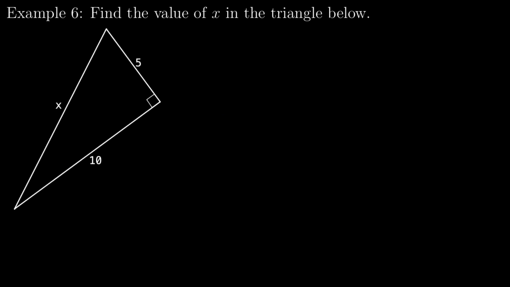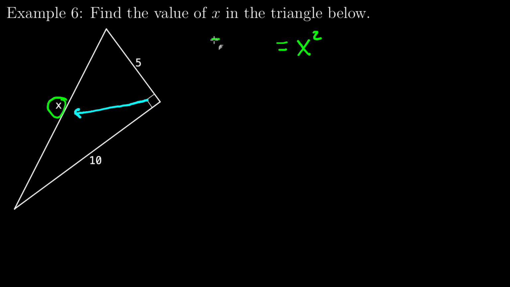And our last example, same setup, solve for x in the triangle below. Find the right angle, go across from that right angle, and that tells me that c is going to be x, so I'll have x squared on the right-hand side.